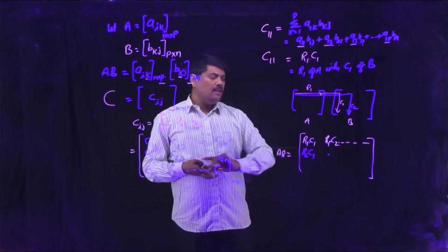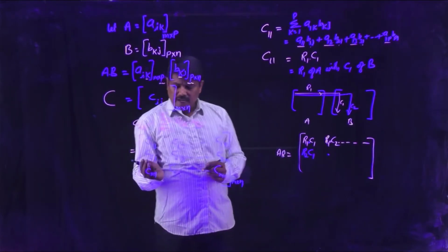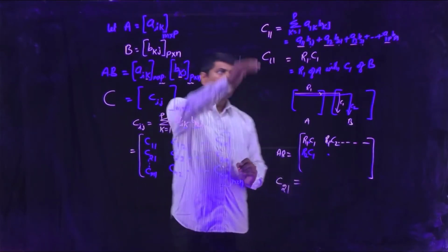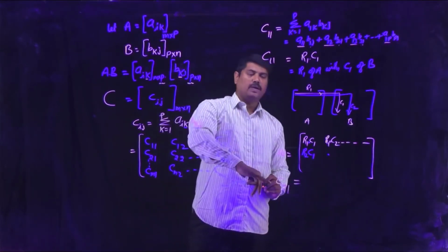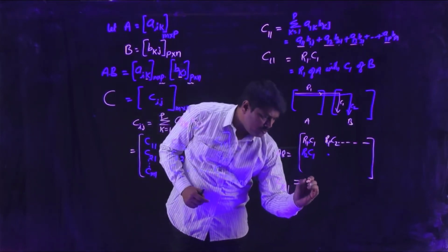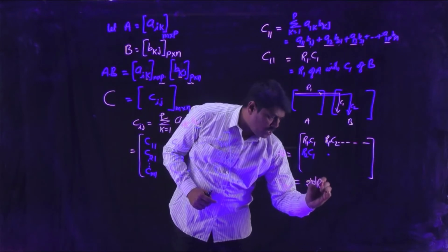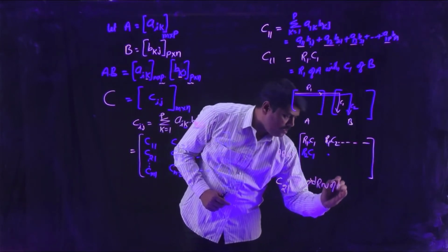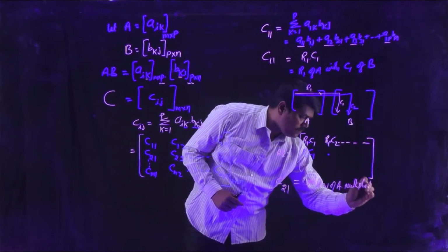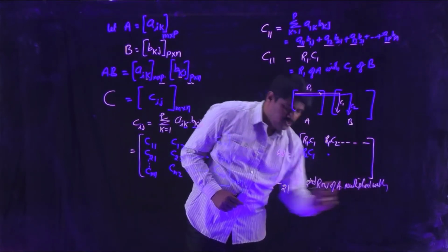Let me explain one more position. Here you can observe C21. What is C21? Second row of A multiplied with, what does 1 indicate?